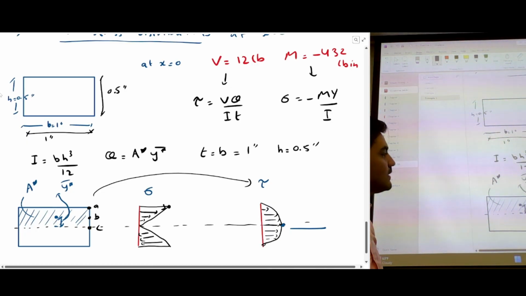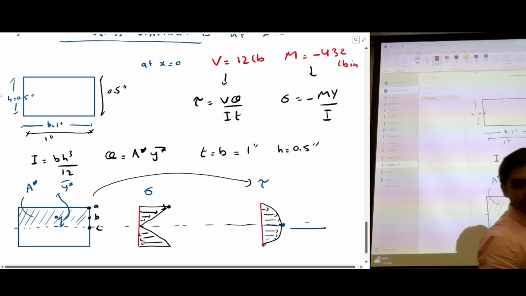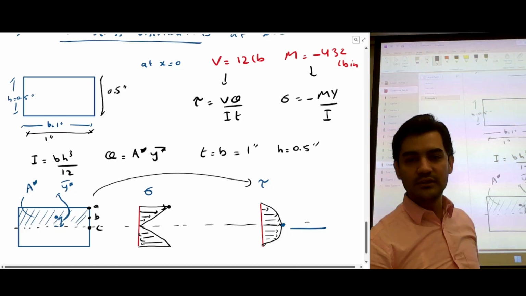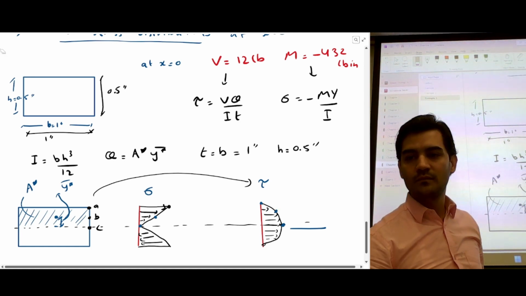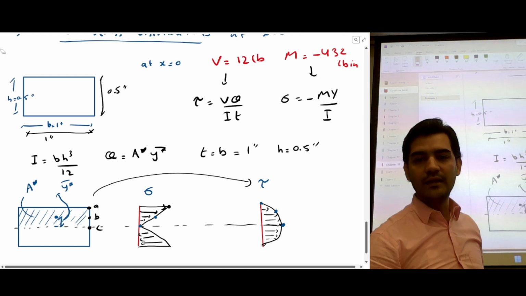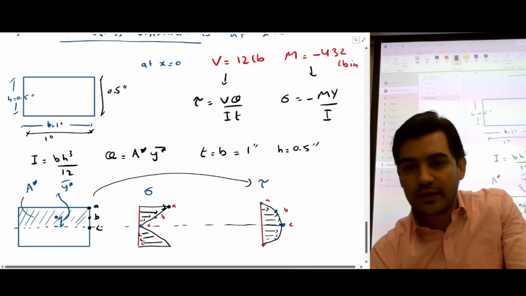So you can go back and revise everything, but you have to calculate these values: this value, this value, this value, and this value. So I need values at A, B, and C, and here also at A, B, and C. I will write down the values.